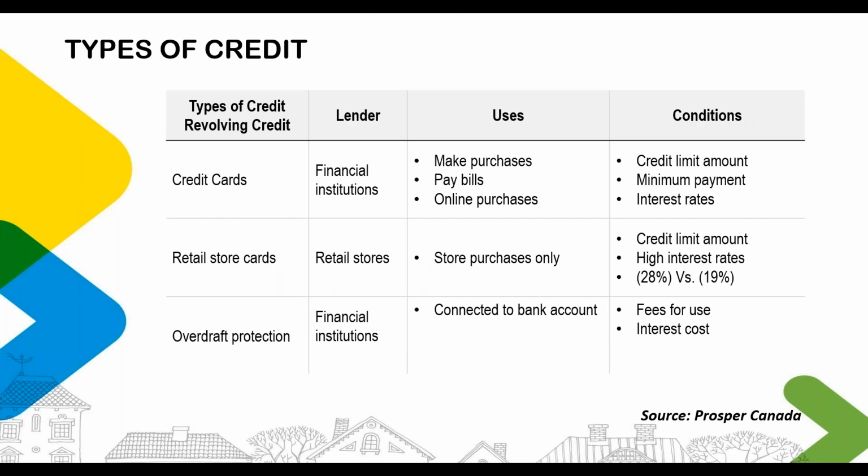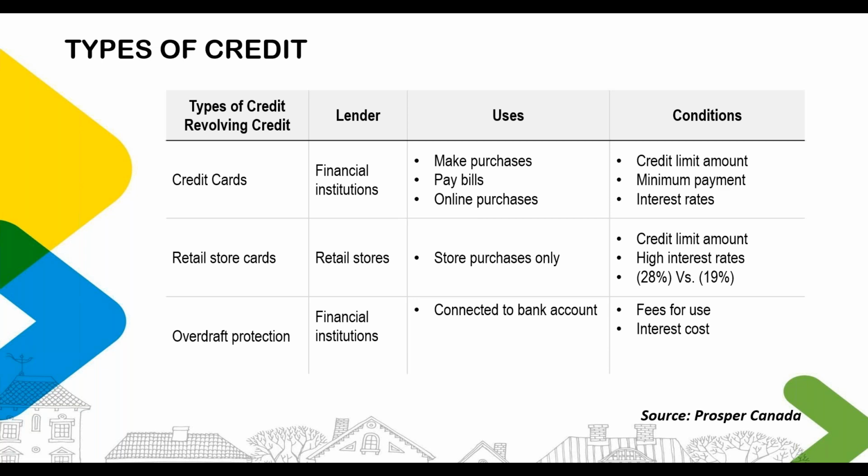Let us talk about the different types of credit that you'll find here in Canada. So we've got what's known as revolving credit. These are generally credit cards. They may be secured or unsecured credit cards. When we talk about unsecured credit cards, these are the most common type of credit cards.